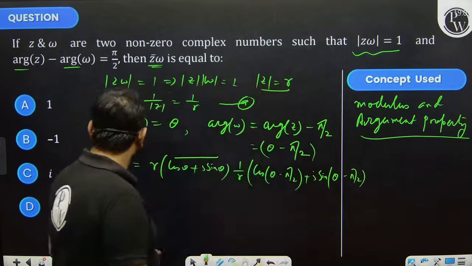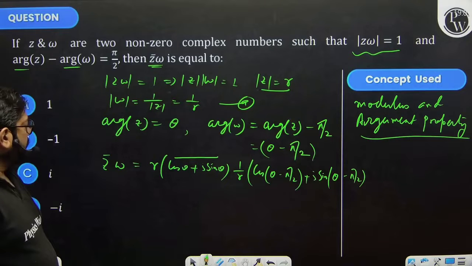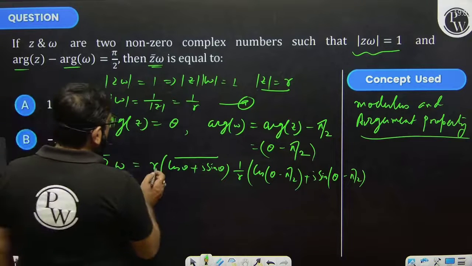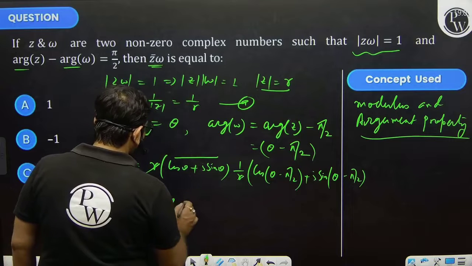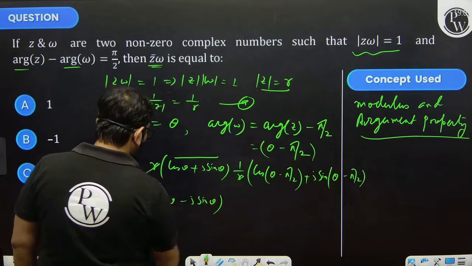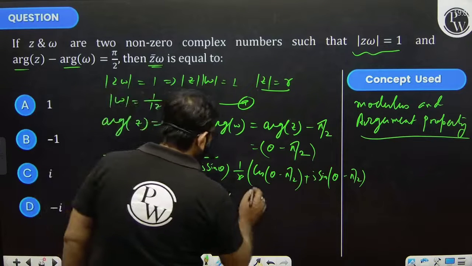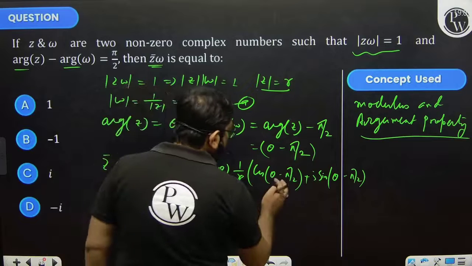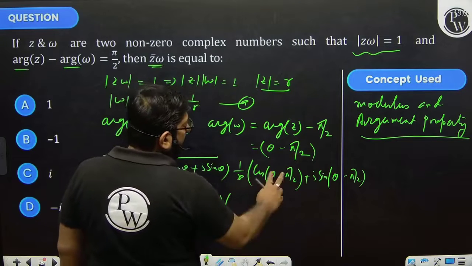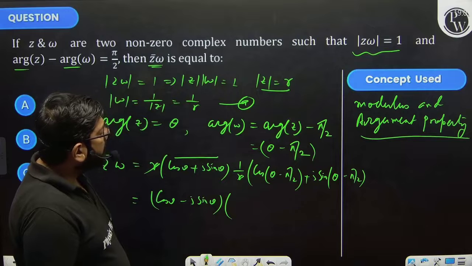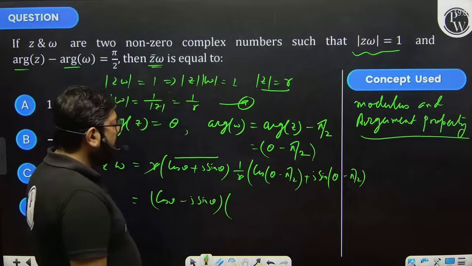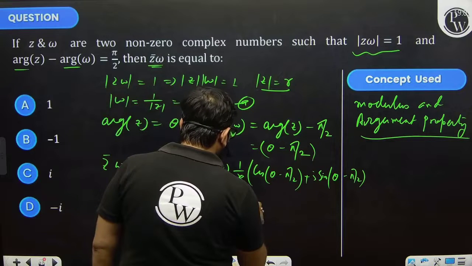This is the value of z conjugate into w. r and r will cancel out, and the conjugate of z is cos theta minus iota sin theta, right? And here cos of theta minus pi by 2 is equal to cos of pi by 2 minus theta, that is sin theta.